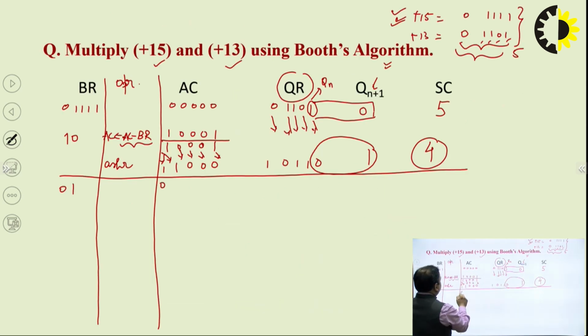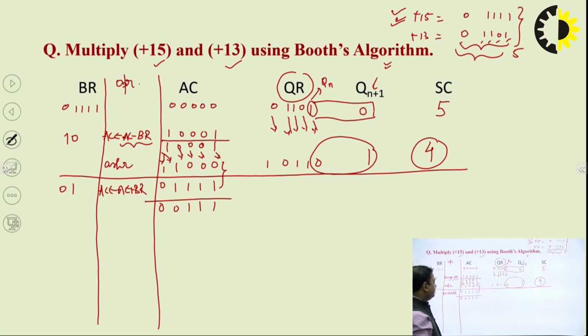Put here 0 followed by 4 ones, that is AC equals AC plus BR. Add these two numbers, that is 0 plus 1 1, 1 plus 1 0, 1 carry, 1 plus 1 0, 0 plus 0 0. The carry will be discarded here, right?